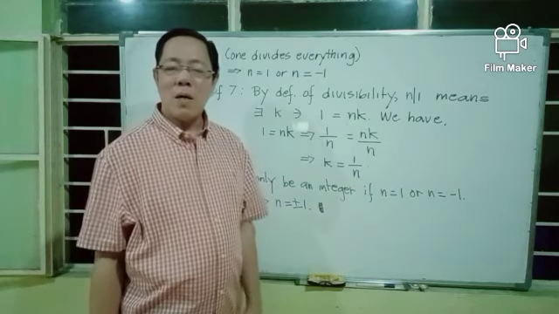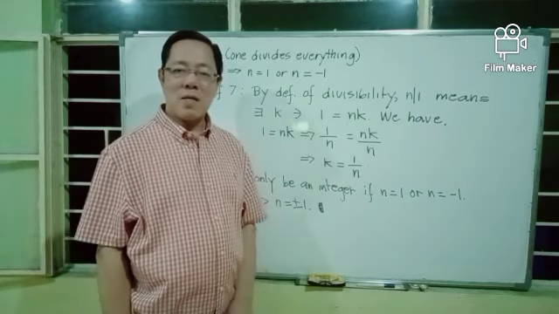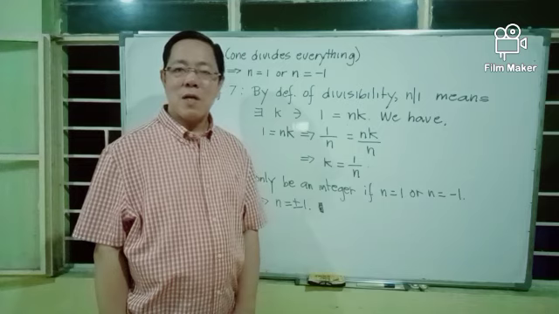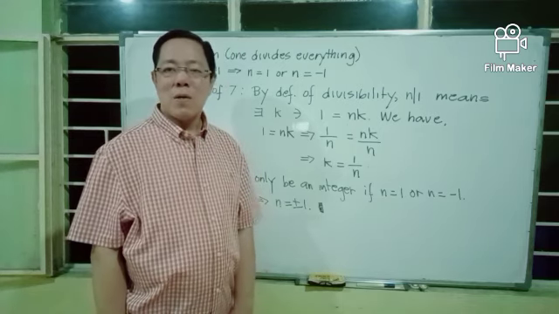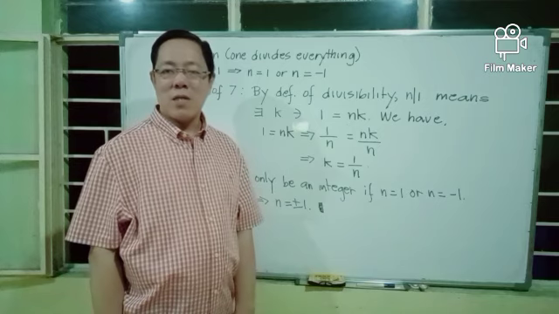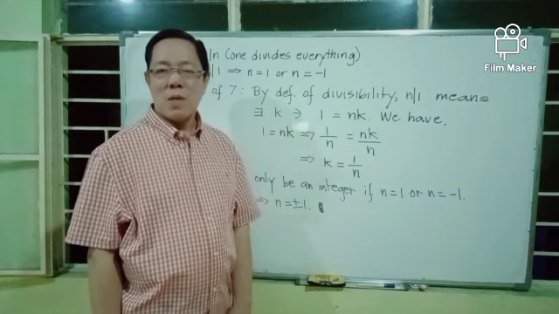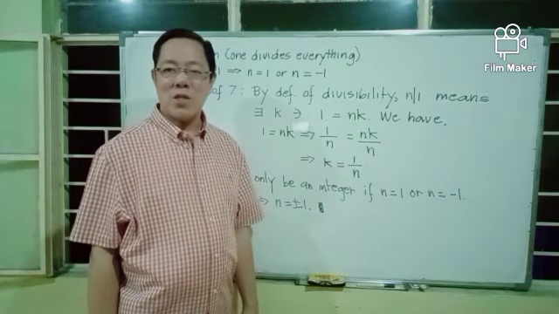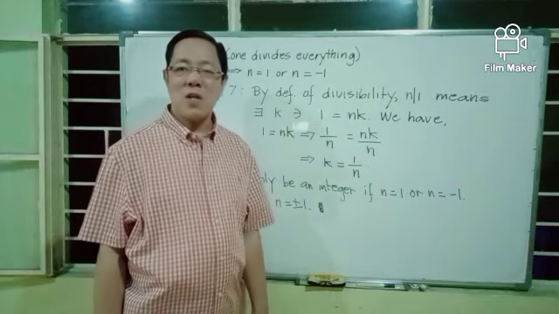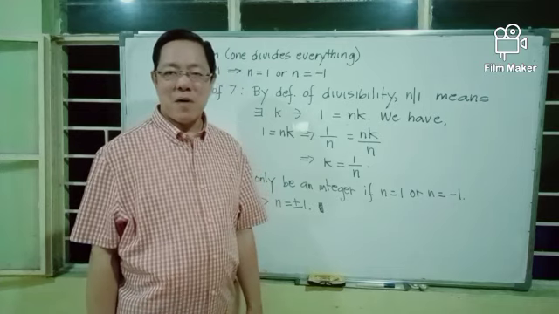But if you assign integers to n such as 2, 3, or greater than 2, any integers from 2, 1 over n will not be an integer. It will be a proper fraction.